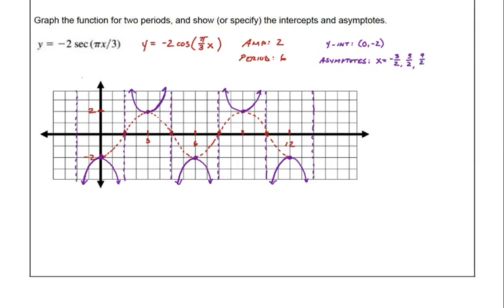-3 halves, 3 halves, 9 halves, 15 halves, 21 halves, because the only thing is breaking up 6 into 4 equal increments. That means that first tick mark is 1.5 or 3 halves.